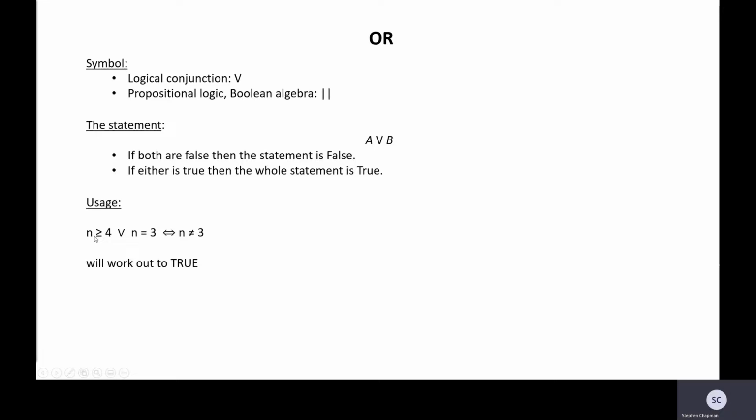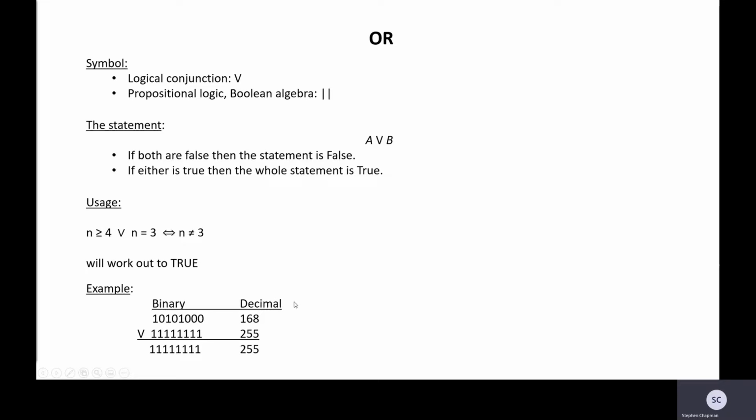That's false. Or N is not equal to 3? That's true because N is any number but 3, so N could be 9. So that side is a false side, that side is a true side, therefore it works out as true.